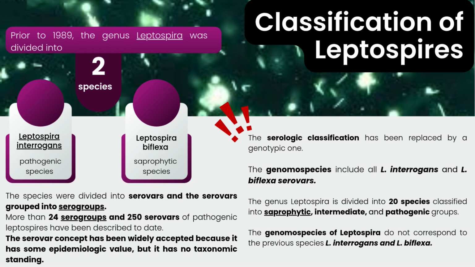While the serovar concept is valuable for epidemiology, it does not have a taxonomic standing. So this shift to genotypic classification reflects scientific progress, providing us with a clearer picture of how these species interact with their environments and hosts.